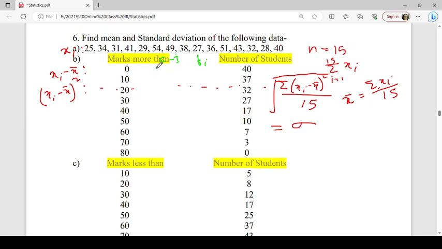So you make this class 0 to 10, and in 0 to 10 you will have 40 minus 37, that is 3 students. Then more than 10 is 37, more than 20 is 32, so between 10 and 20 you will have 37 minus 32, 5 students. Next, between 20 and 30 you will have 32 minus 27, again 5.